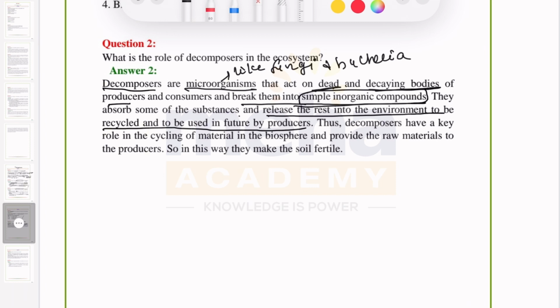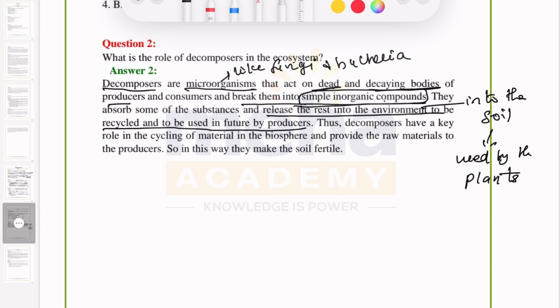First point: decomposers are the microorganisms that break down the dead and decaying bodies of the producers and convert them into simple inorganic compounds. Whatever substances are broken down are released into the soil, and once they enter the soil they will be used by the plants.